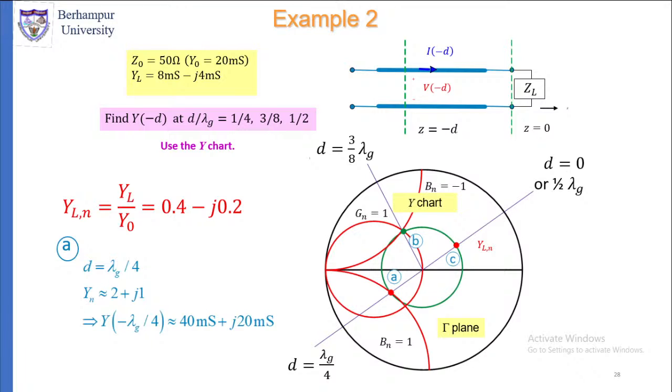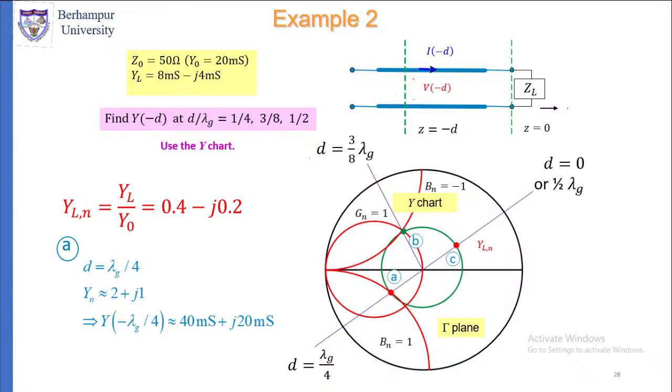The difference between the admittance chart and the impedance chart is that in the admittance chart, the upper part becomes negative and the lower part becomes positive. So the upper part gives you negative susceptance, and the lower part gives you positive susceptance. Otherwise, it is basically a mirror reflection of the impedance chart.